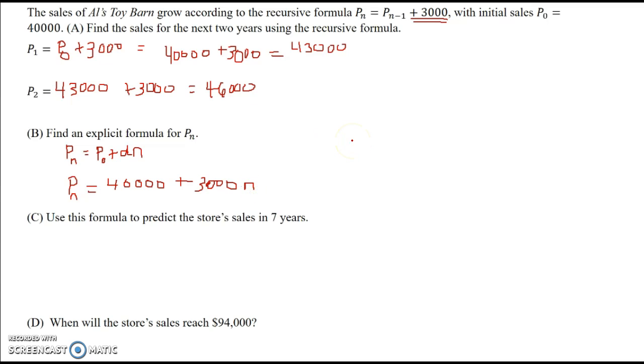Now it says to use this formula to predict the store's sales in 7 years. So that's going to be P sub 7, and that's 40,000 plus 3,000 times 7.